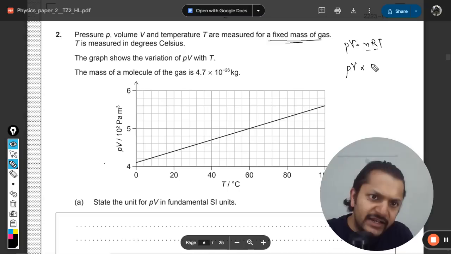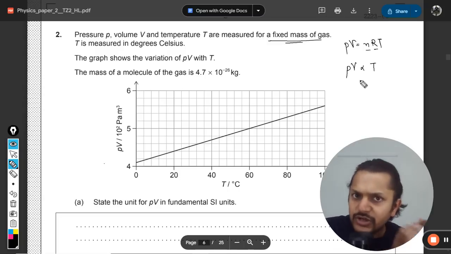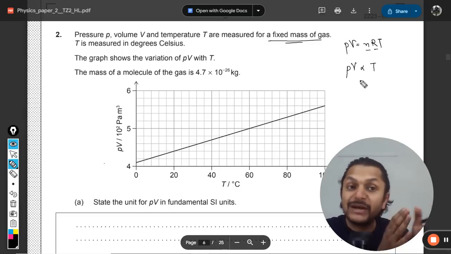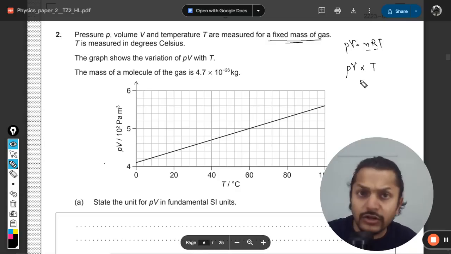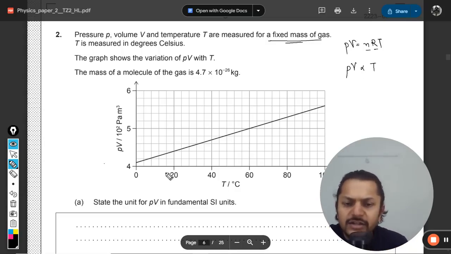Clearly for the ideal gas, PV is directly proportional to T, and that should be a straight line passing through the origin. When T is 0, PV should also be 0. That is the thing that we have to see. Okay, so if we consider that, it does not look like that, isn't it?